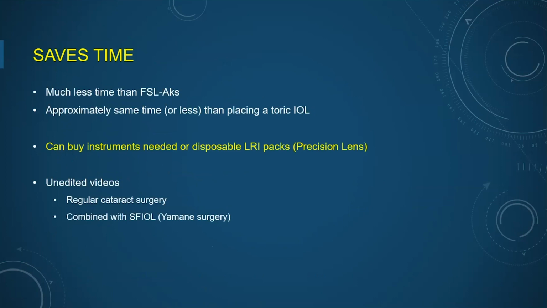Sometimes it may be difficult to exactly rotate the lens, and even in the best of hands, placing the toric IOL takes a few seconds. Whereas with the limbal relaxing incision, it's pretty easy to do. It really saves time. You can buy the instruments, or you can use the disposable LRI packs made by Precision Lens or other companies.